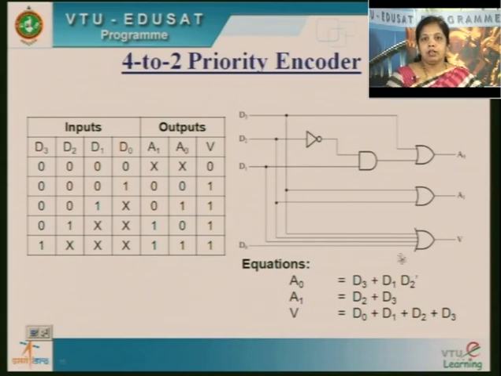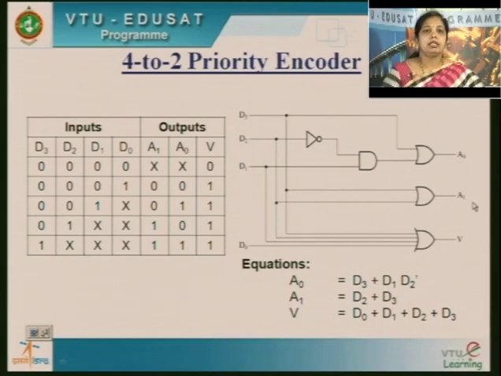For A0 I have one OR gate, AND and NOT. D3 is connected, and we have D2 complement and D1 through an AND gate, and these two are connected to an OR gate, and I will be getting A0.